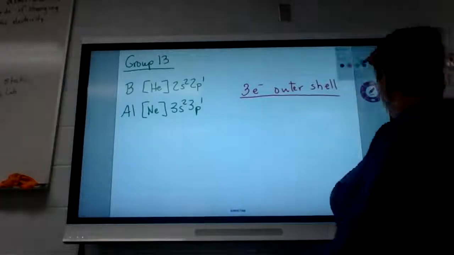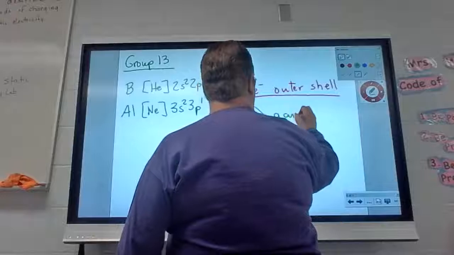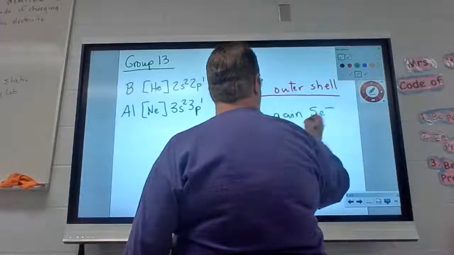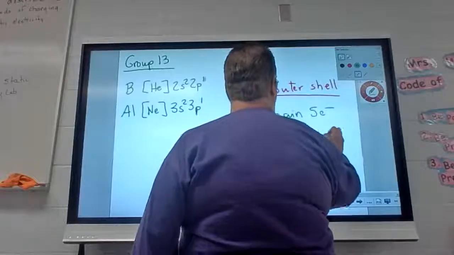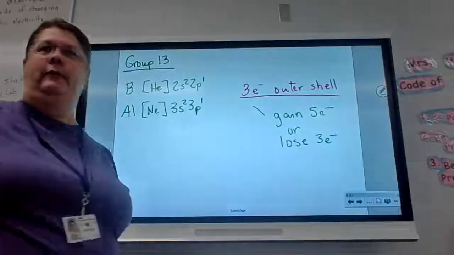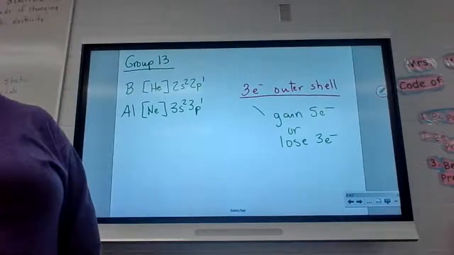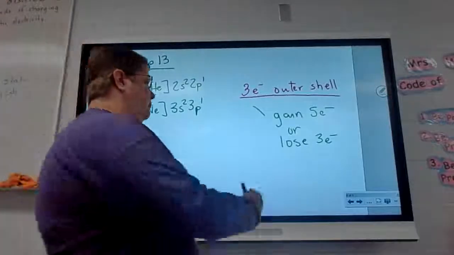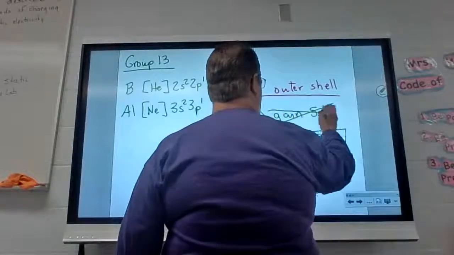So we could gain 5 because 3 plus 5 will give you 8, or we could lose 3 electrons. Which one will give us the least amount of effort? Losing 3. Okay, losing 3 is easier than gaining 5.